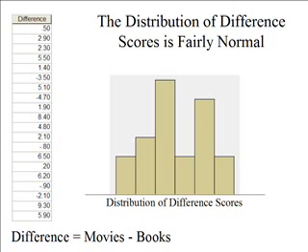Most people assume that the distribution is fairly normal, and the t-test is actually very robust, so it can handle a fair amount of skew. So if you have the time, you're welcome to calculate the difference scores and then create the histogram. Most people just move forward past this and assume that the distribution is fairly normal.